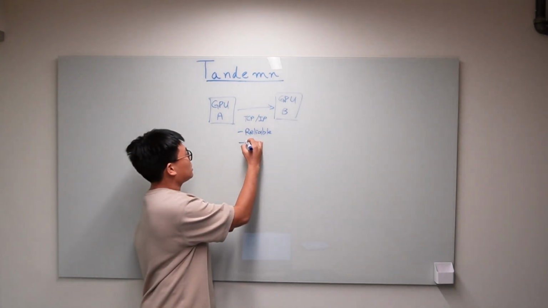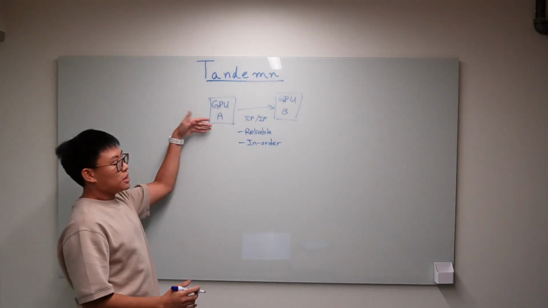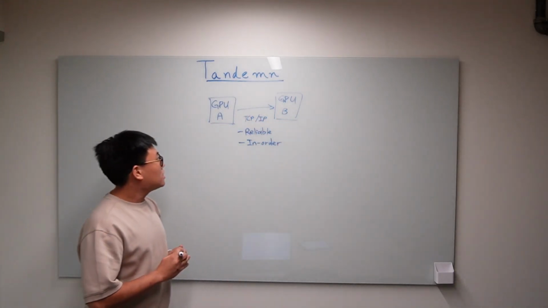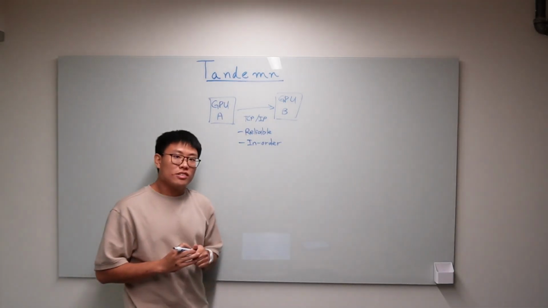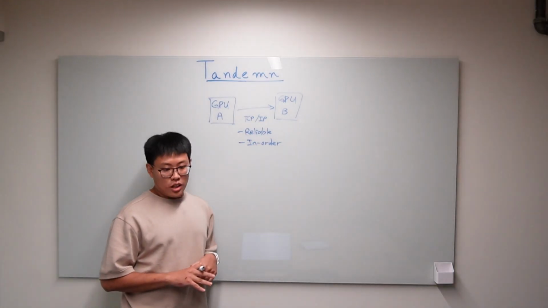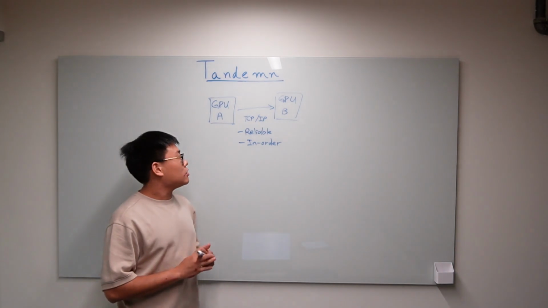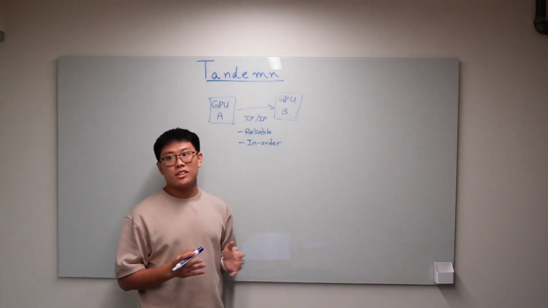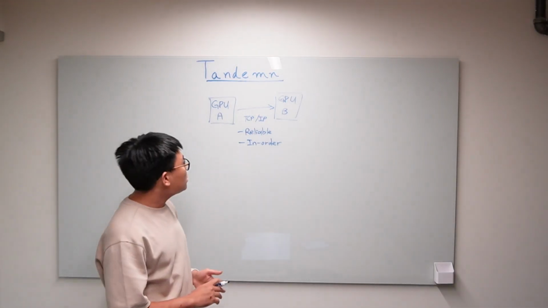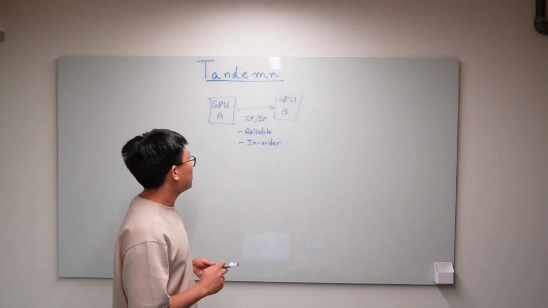And the second thing is that they're transmitted in order, which means that if I send out packets A, B, C from here, they will come in A, B, C on the other node. This was nice in the 80s when TCP/IP was invented, because we wanted to communicate between two machines over the public internet, where the routes between two machines are not fixed and packets may arrive out of order and things like that. But in a data center network, things actually look a bit different.